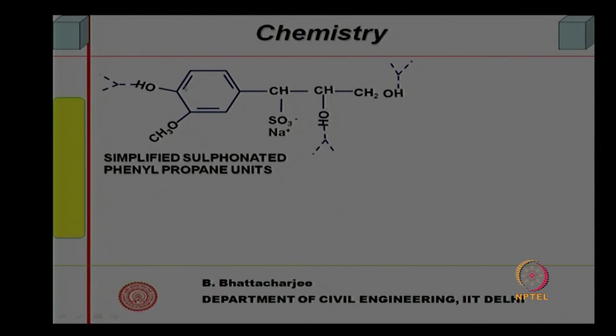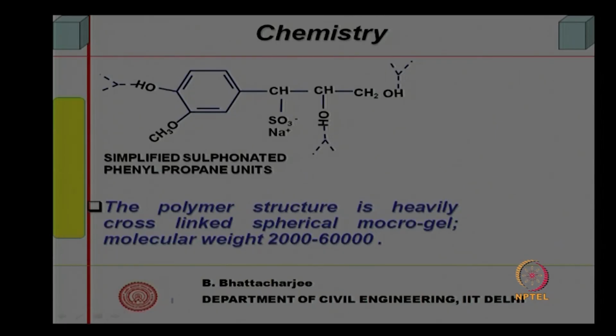This is phenyl with hydroxyl. And this is the sulfonated SO3, linked with sodium. This is the simplified sulfonated phenyl propane unit, and it gets polymerized. This is essentially the structure of the chemical responsible for the plasticizing effect.